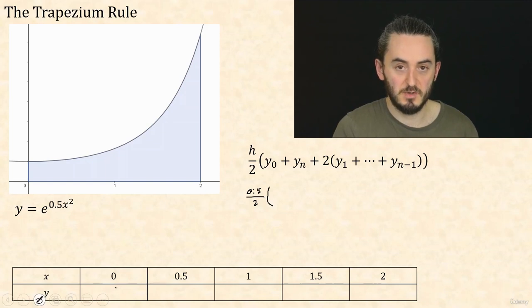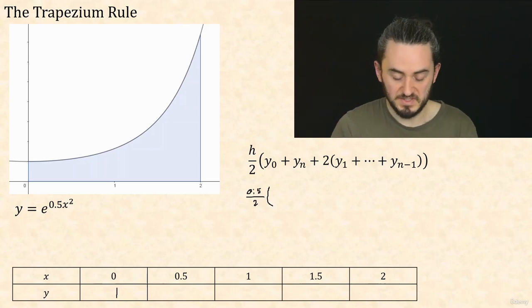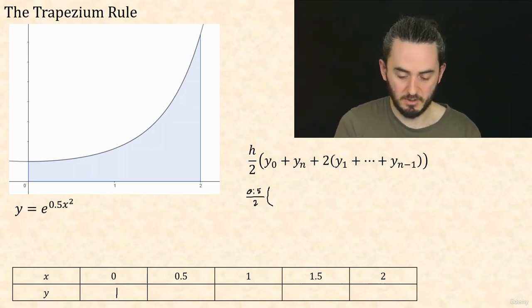The first one is the only one that's easy because e to the 0 is 1. Now for the others, I just need to key it into my calculator and record it to a good degree of accuracy. 4 or 5 decimal places should be fine. So e to the half times a half squared is 1.13315.